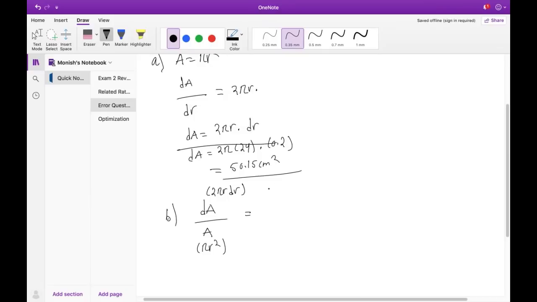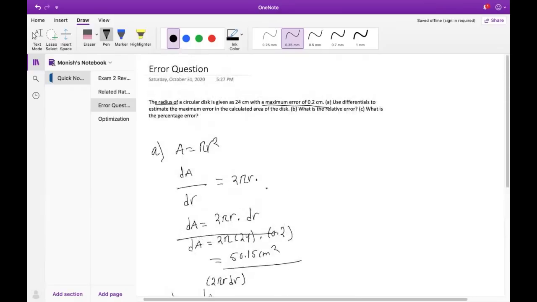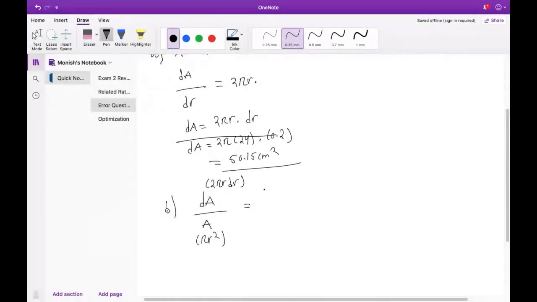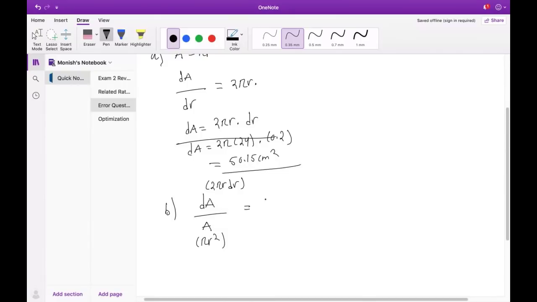So basically 2 pi r dr is just going to be 9.6 pi, divided by pi times 24 squared. And then you'll calculate 0.017, and that's your relative error. So it's basically comparing your max error to what the ideal area should be. That's your relative error.